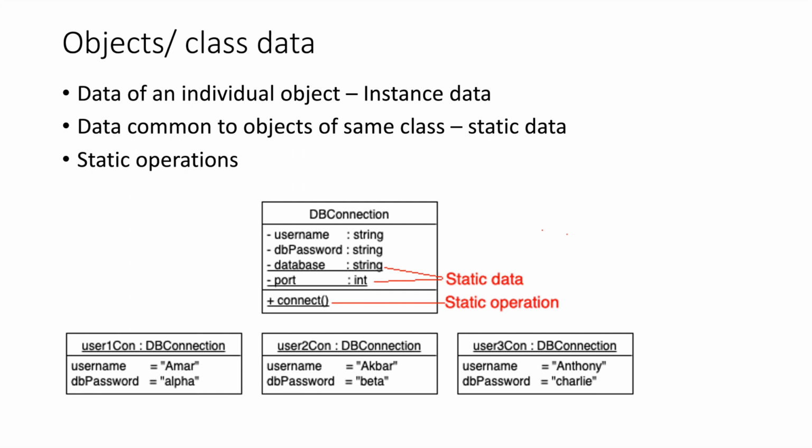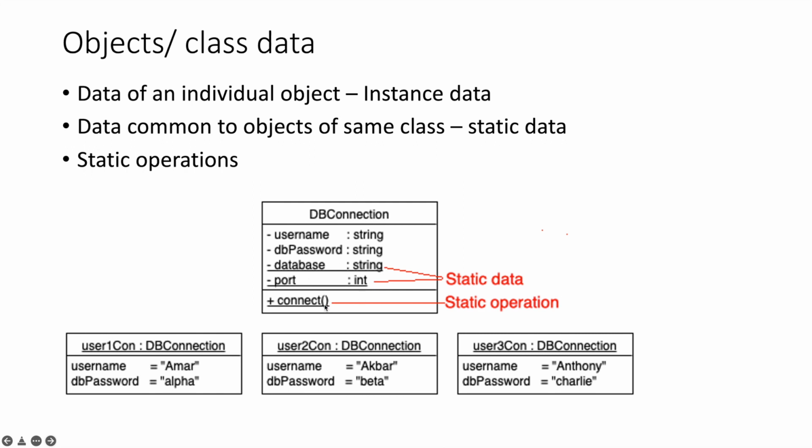And that's why the static data or static attributes are going to be attached at a class level and they are not attached to any object. There is going to be only one copy per class, and all the objects can use the same copy. So when user 1 on this named connection is going to actually connect to a database, it can always use this database and port. Same is true about the other two objects. Now this is about our attributes.